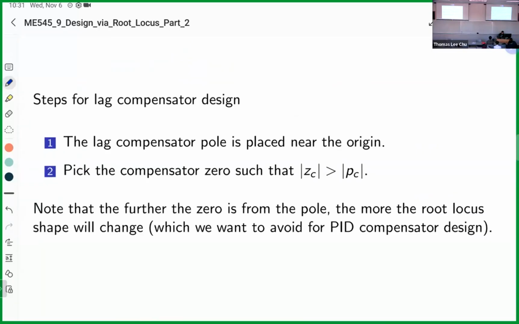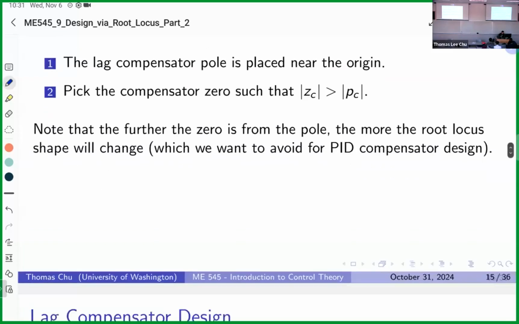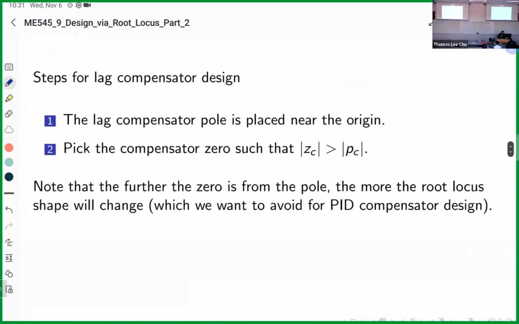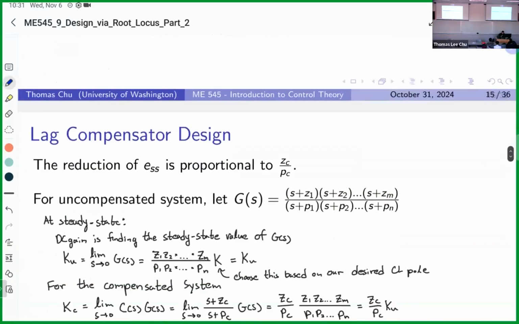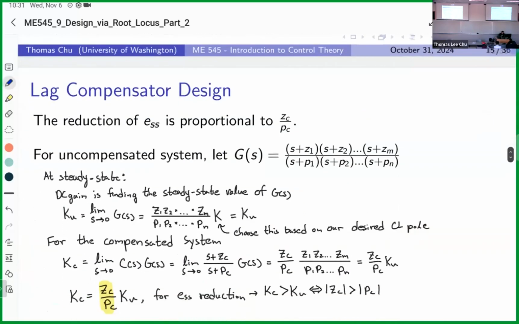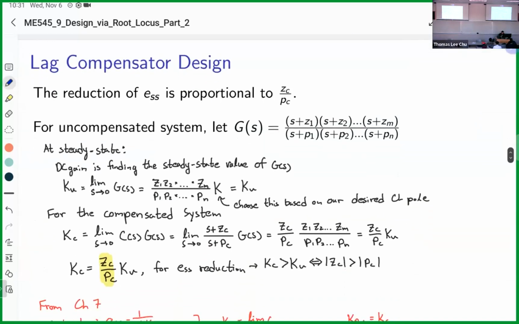That's what causes lag delay. It's going to make the system have a little bit more delay, but the nice property is that we can reduce steady state error based off the ratio of the zero divided by the pole. But we can't make steady state error go to zero. We can only reduce steady state error.